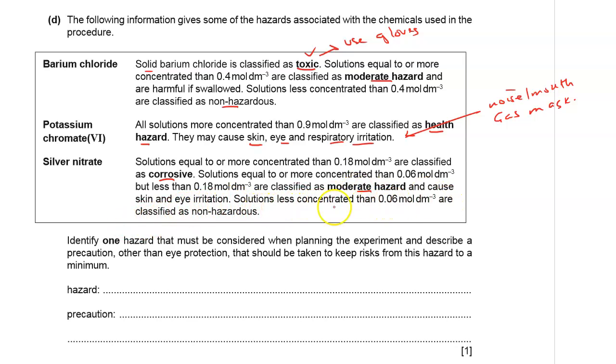Solutions less than this are classified as non-hazards. Very good. Identify one hazard that must be considered when planning the experiment, and describe a precaution, other than eye protection, that should be taken to keep risks from these hazards to a minimum.